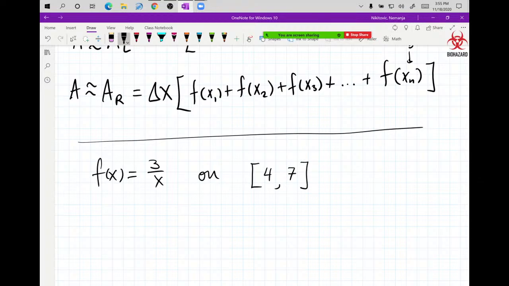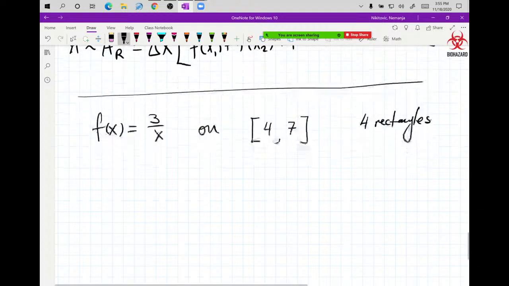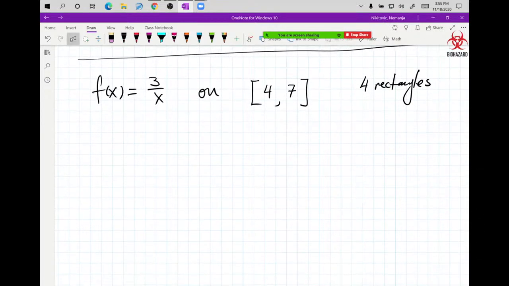Use 4 rectangles. I purposely didn't put things to line up on integers, so you don't have to compute the decimals. Like, what I need you to compute is the value, to set up the problem, I mean.